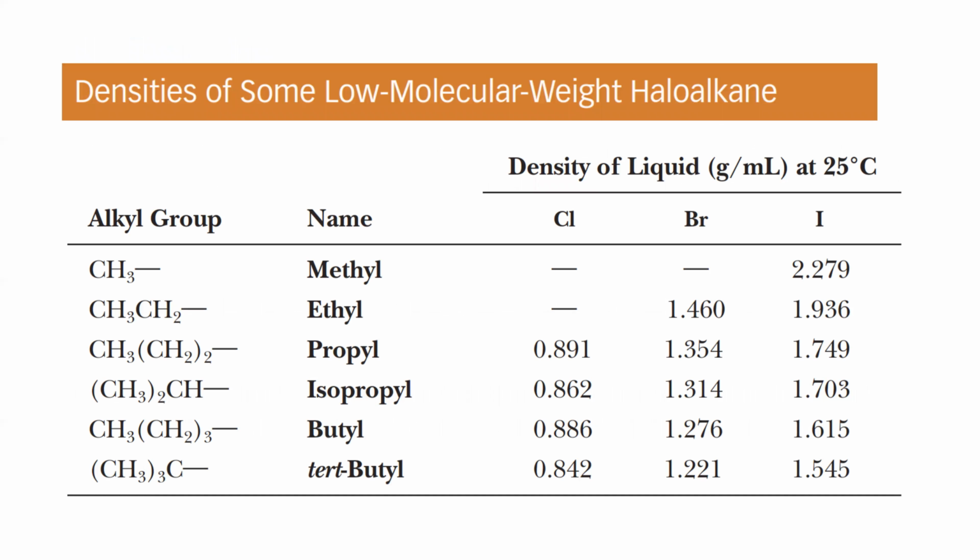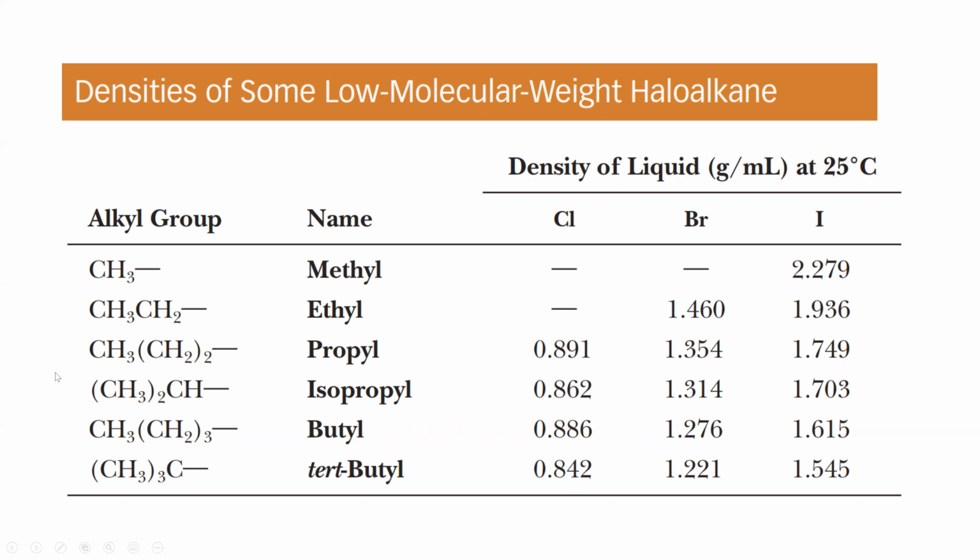So the densities of some low molecular weight haloalkanes are there for your information, and you can just refer to that table. You can see that almost all of the bromo and the iodo compounds have a higher density than the water. But if you look at the chloro ones, the density will increase once we are replacing more than one hydrogen with chlorine.